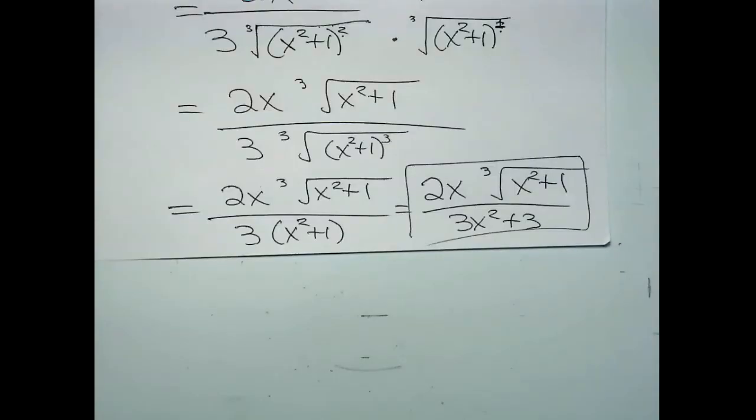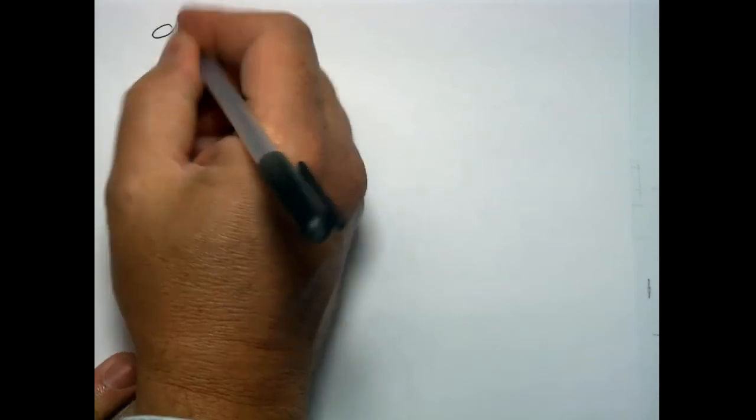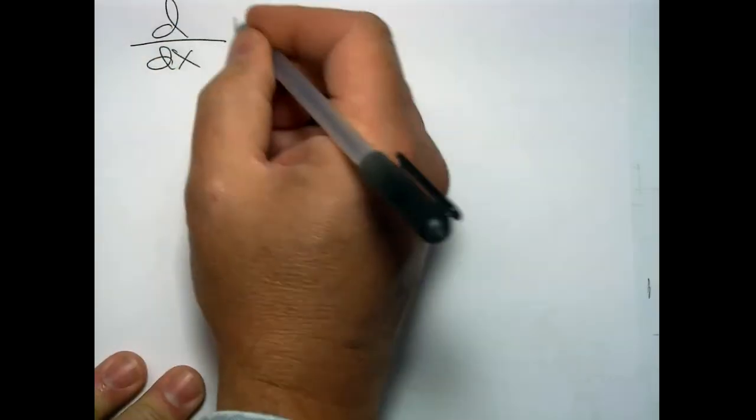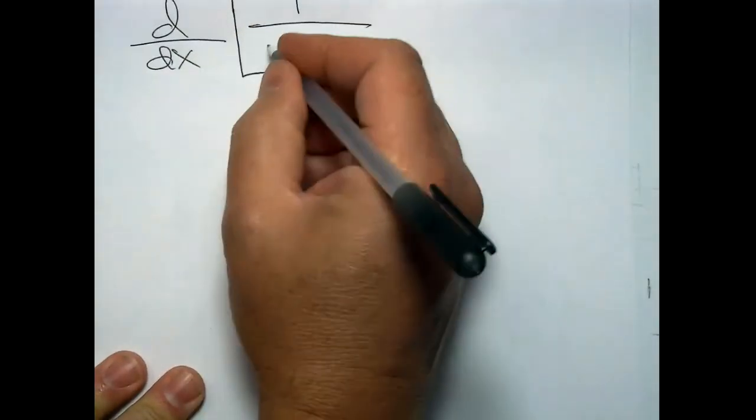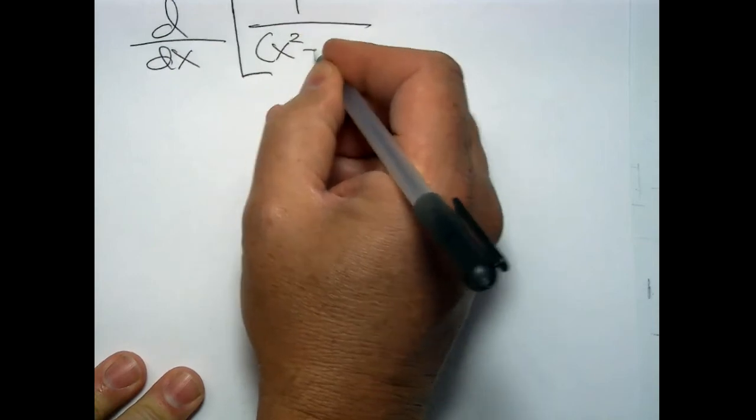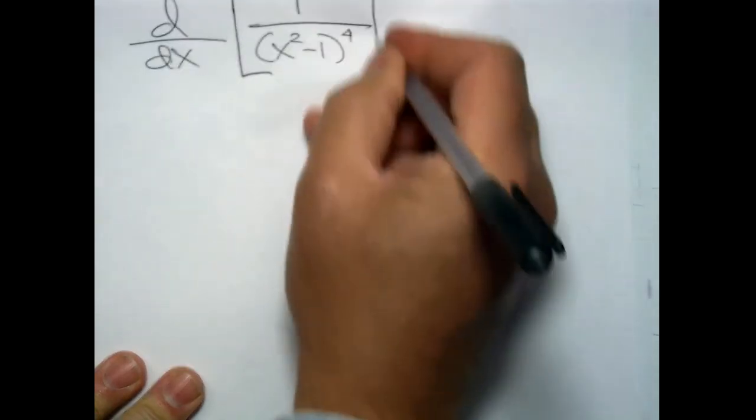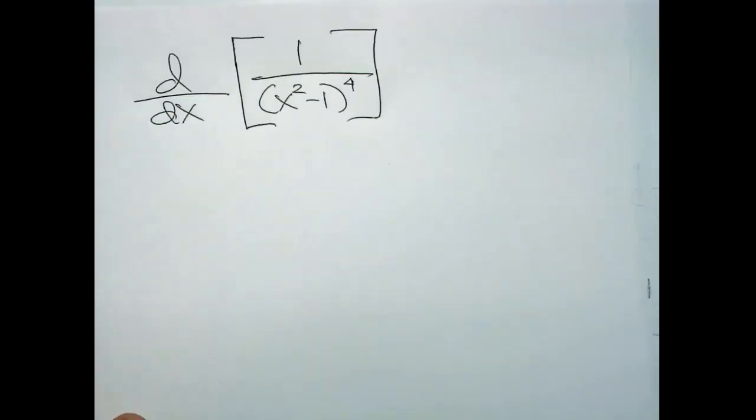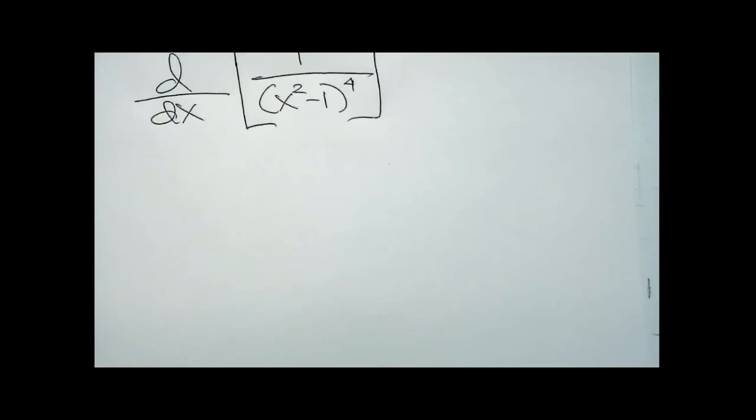Now, the next thing I'd like to try is I want to differentiate some quotients. So let's break out our differentiation verb, d dx. So my question is, do we need the quotient rule?